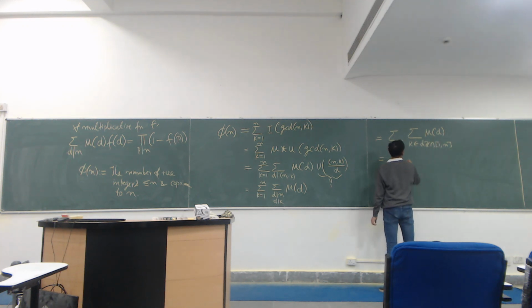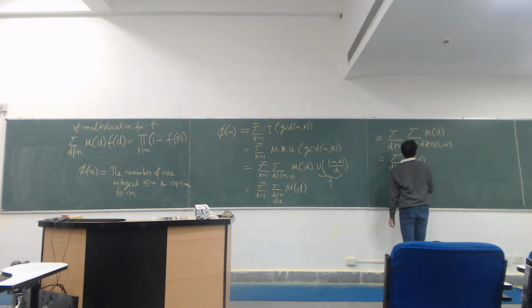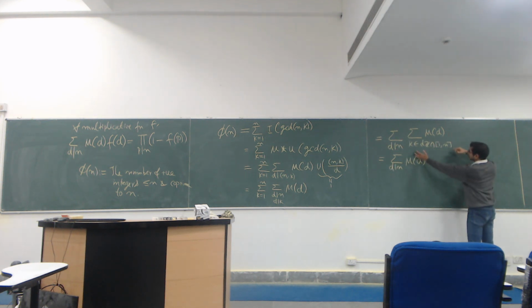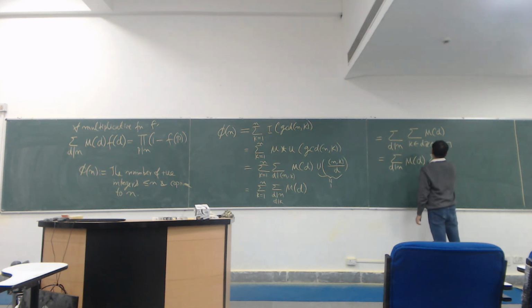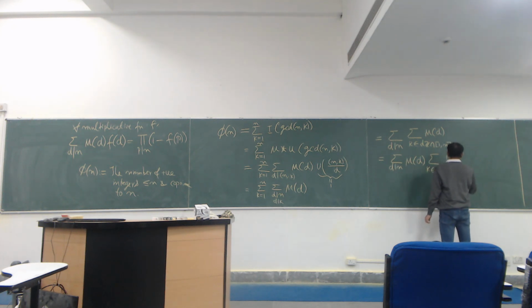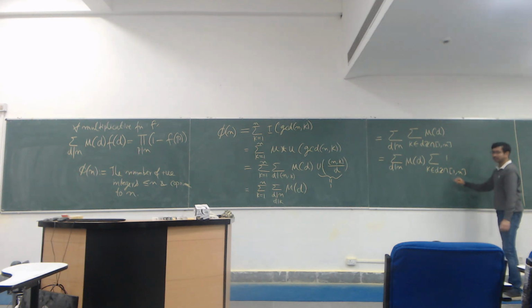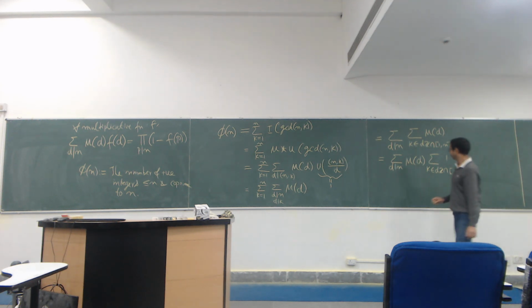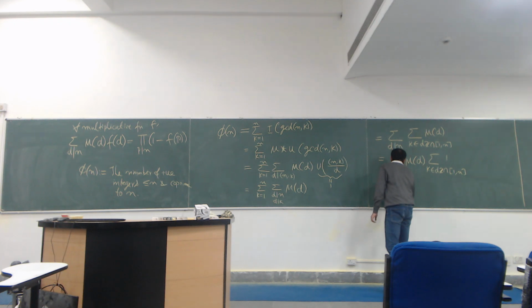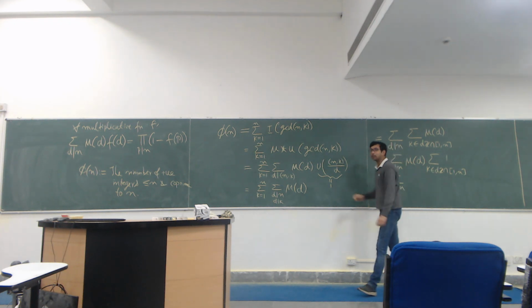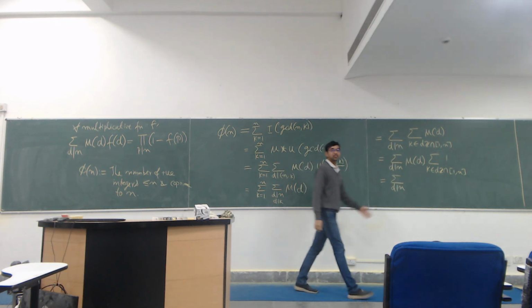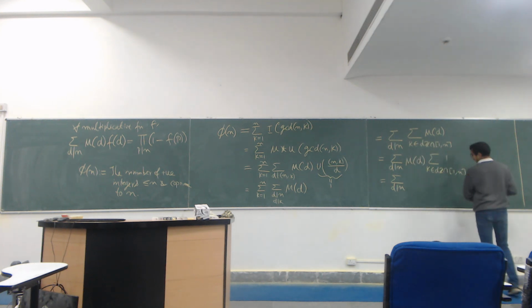Summation d dividing n of mu(d), and now you are counting the number of k's, so you are summing 1 over this set of k in dZ intersection 1 to n. How many k's are there in this interval? That is, how many multiples of d are in the interval 1 to n? n over d.